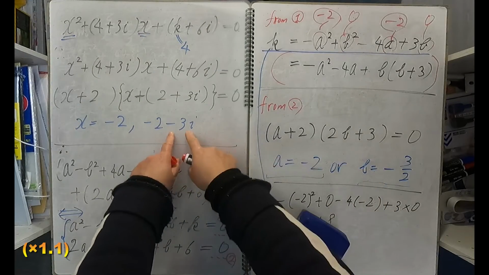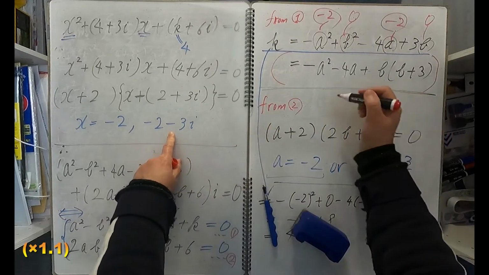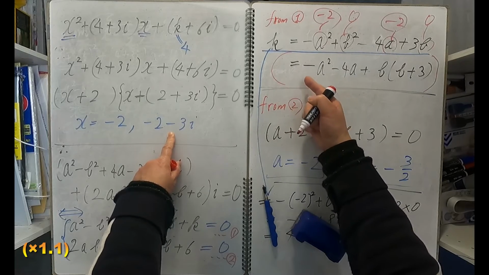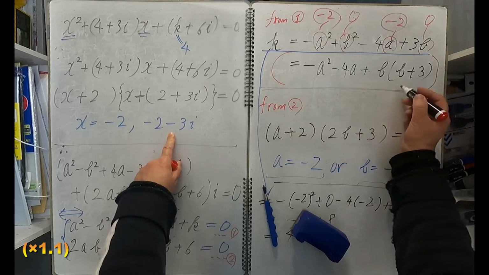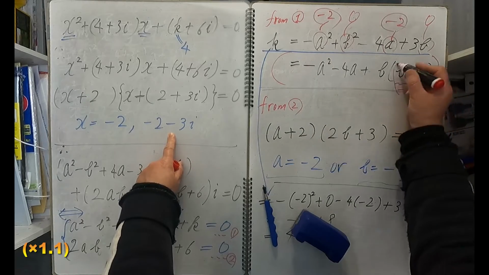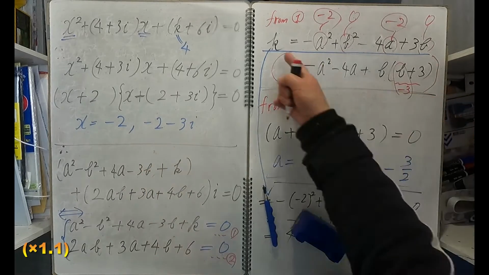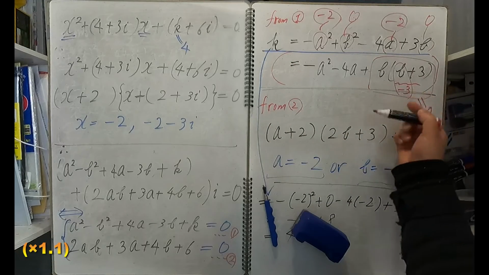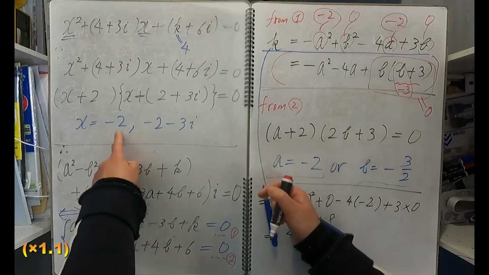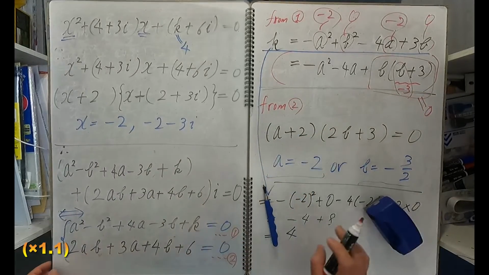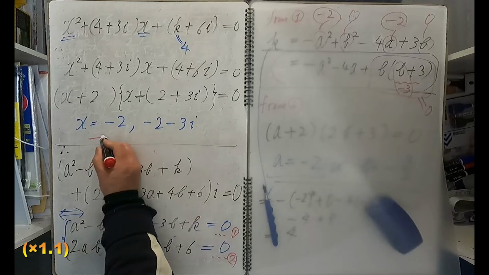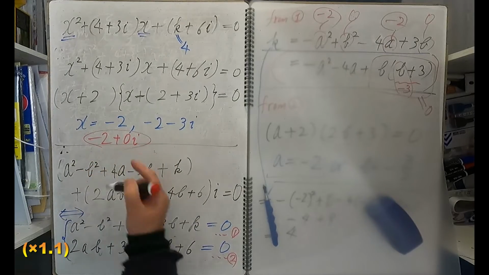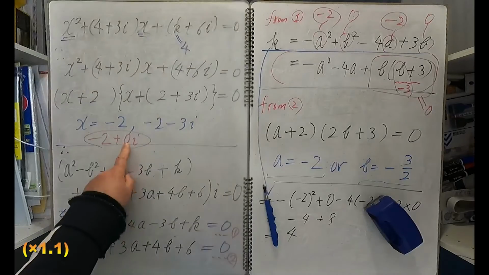In this case, b equals minus 3, okay? So we can also check from this. If b equals minus 3, this part equals 0. And in this case, this is minus 2 plus 0i. In this case, b equals 0.